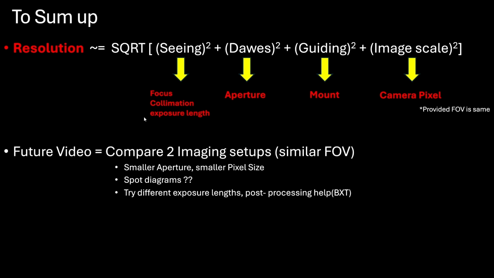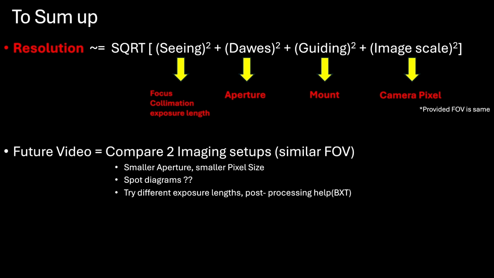I have used my setup to capture some decent images of galaxies and nebulas, but using this information for the future, I am interested in trying some different approaches and seeing if they can yield better results. Specifically, I am interested in exploring smaller 5-inch refractors combined with smaller pixels like those of the new 585MC Pro camera.